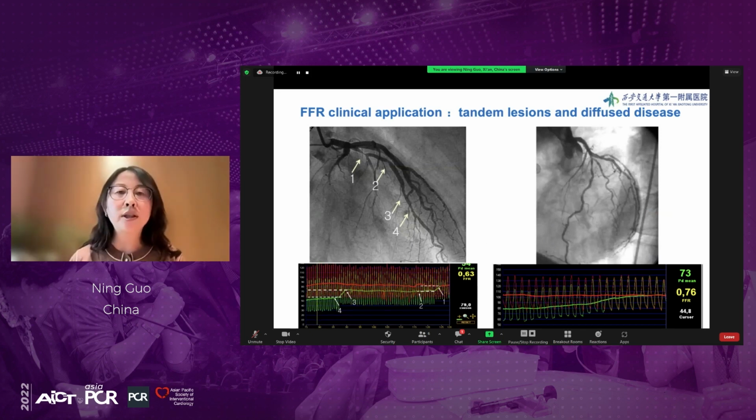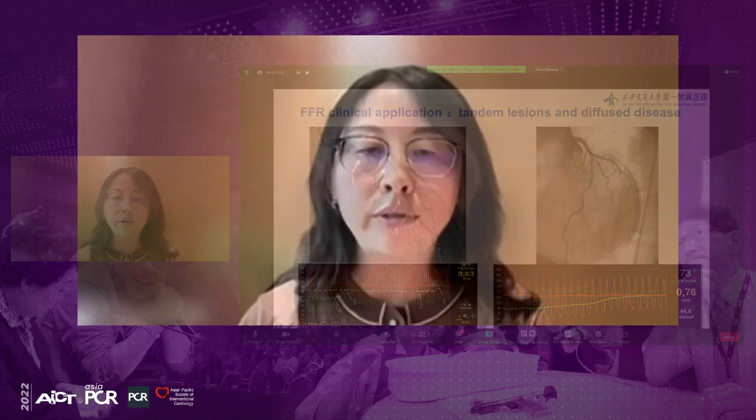First, let's talk about the tandem lesions and the diffuse disease. If we look at both LADs of the two cases, you can see a very diffuse lesion. But if we look at the FFR curve, it's very different. For the first one, we can see two significant gradients on the FFR curve.